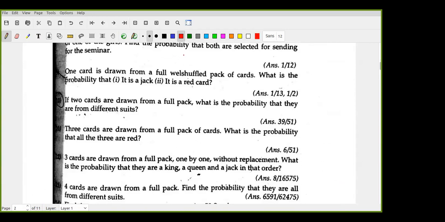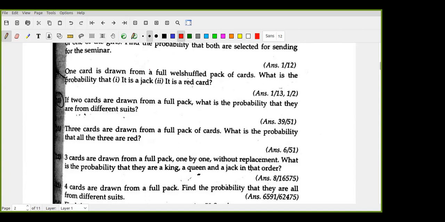Now I think it's Ritu's turn. One card is drawn from a full well shuffled pack of cards. What is the probability that it is a jack and it is a red card?